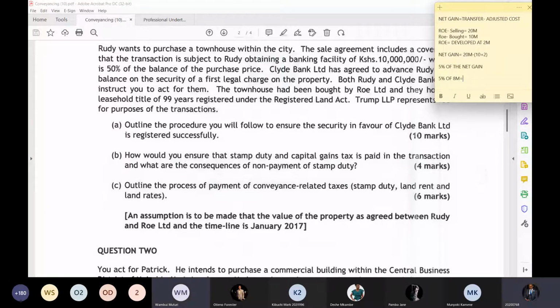What if you are selling the property at a loss? If you're selling the property at a loss, you don't calculate any capital gains tax. There's no CGT you're going to pay, because there's no net gain. If it's at a loss, you can't do 5% of the loss. So if you sell the property at a loss, no CGT.